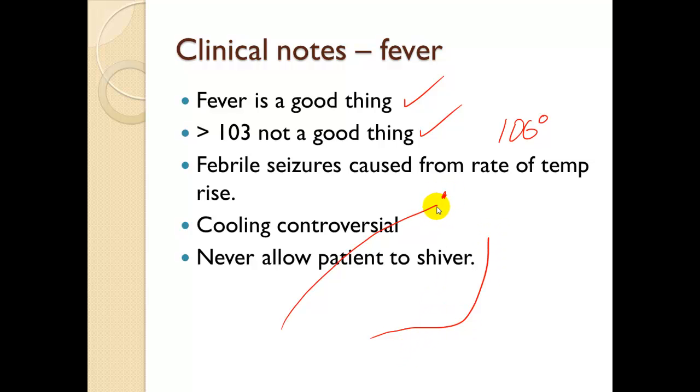Whenever someone has a febrile seizure, their temperature may only get to 99 or 100, not 104 or 105. It's not from how high it went, it's from how fast it rose.